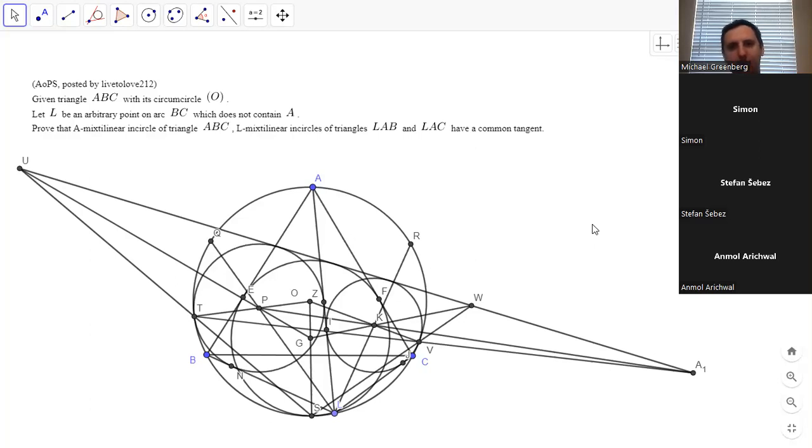Wait, now I'm wondering if we've solved it already. Oh, I think not necessarily. Okay, so U lies on ST, W lies on SV, and A1 lies on TV.